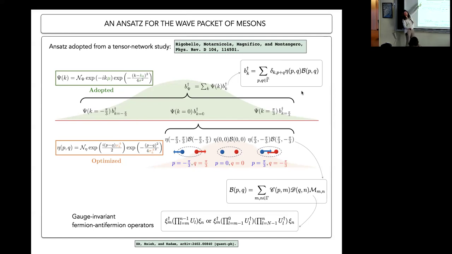Not only do you have the outer Gaussian, you have an interior Gaussian. What is it? It tells you that you have quarks and antiquarks. If they're moving with the same momentum, then that's great. If they're moving with different momenta, you should penalize that, because it's a one-dimensional case. They're going to move away from each other. They're not going to form a bound state.